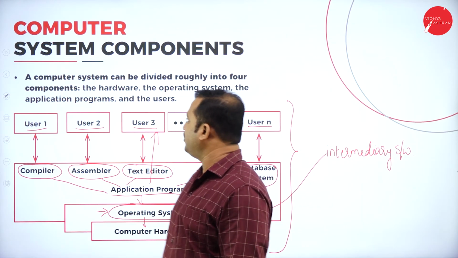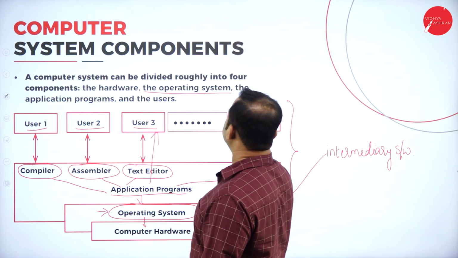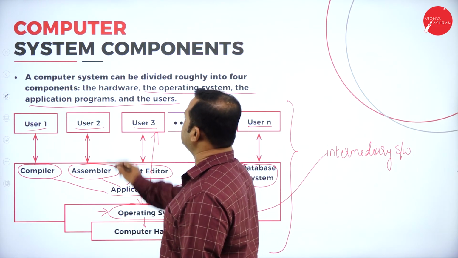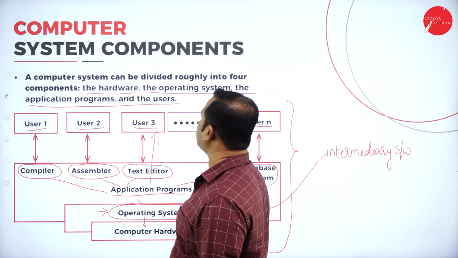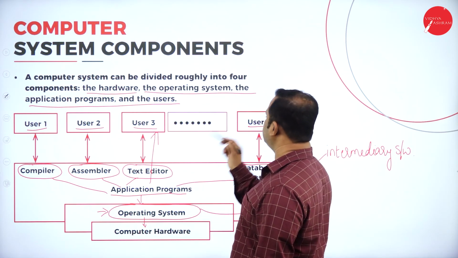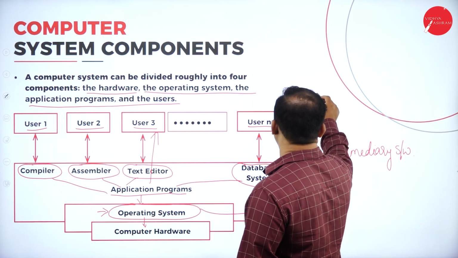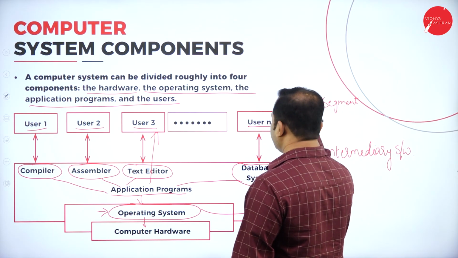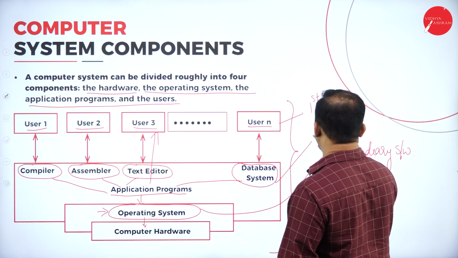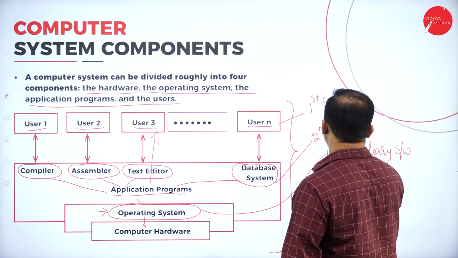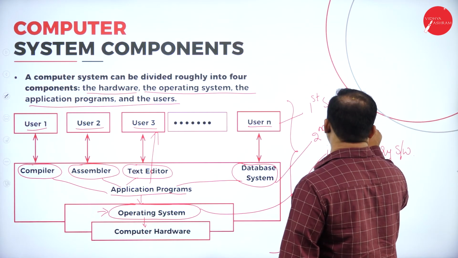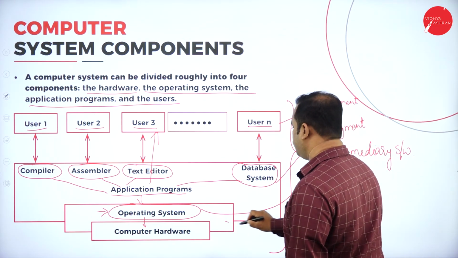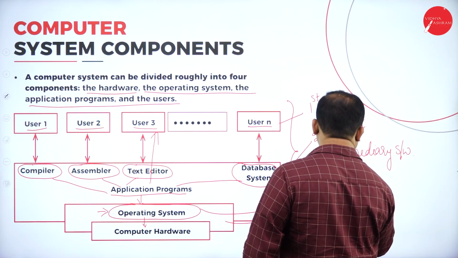So, if it is the case, the operating system, the application programs, and the users, we have the hardware. We have 4 segments here. This is the first segment. In the second segment, you are going to observe the application software. In the third level, or segment, you are going to find out the system software.